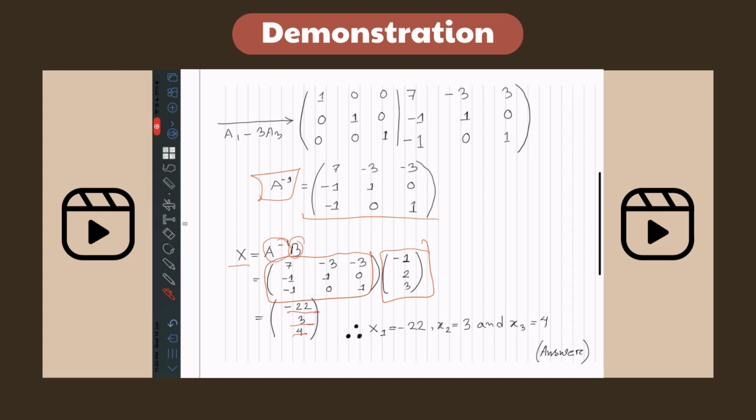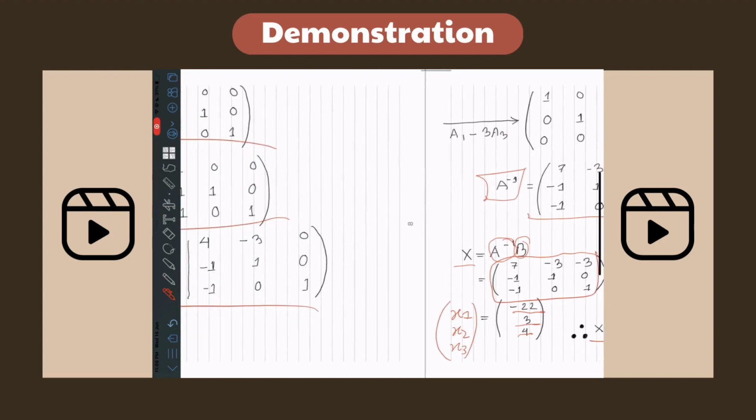And we know that the X matrix is equal to x1, x2, and x3. From this we can know that x1 would be equal to -2, x2 will be equal to 3, and x3 would be equal to 4, which is the solution of the system of linear equations.